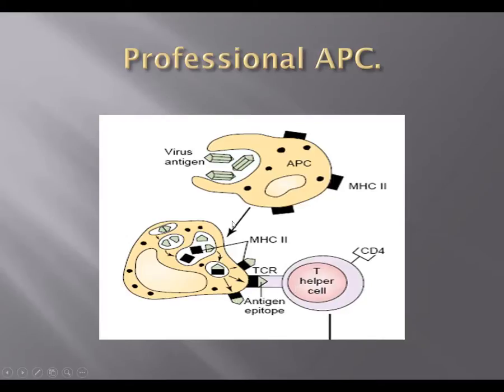And these cells that have an MHC type 2 complex to do this are called APCs, antigen presenting cells, and these are professional antigen presenting cells.